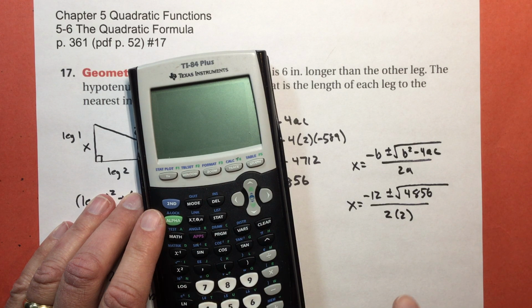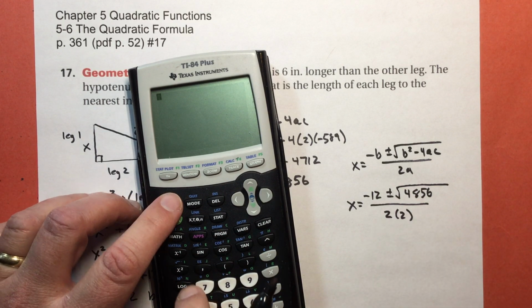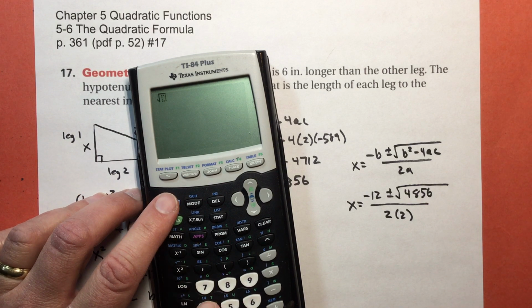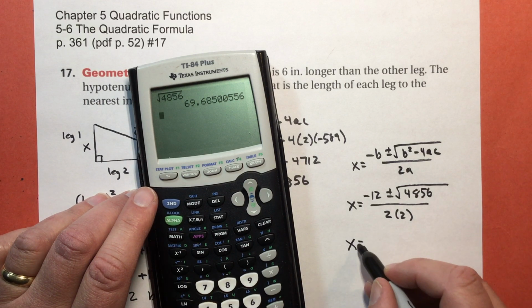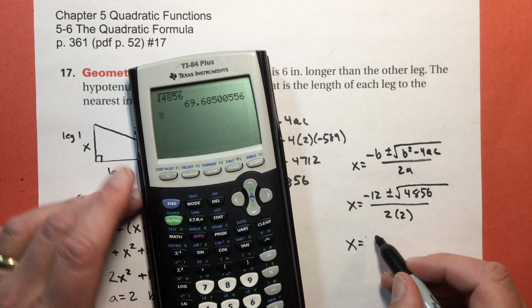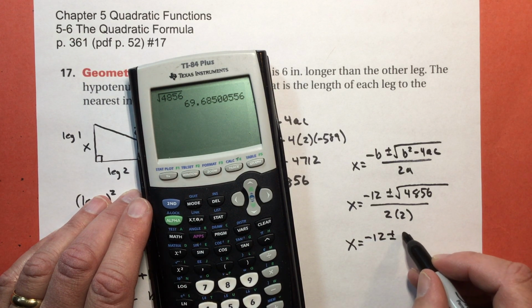All right, so I'm going to do the radical first. So square root of 4,856. Okay, so this is going to be negative 12 plus or minus 69.7 over 4. I'm going to do everything else on the calculator.